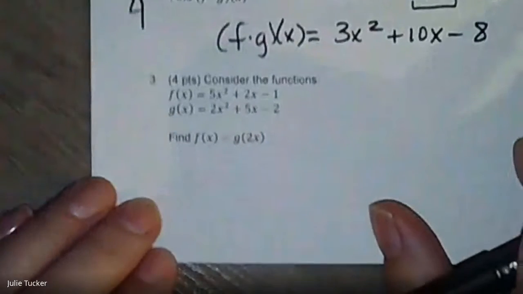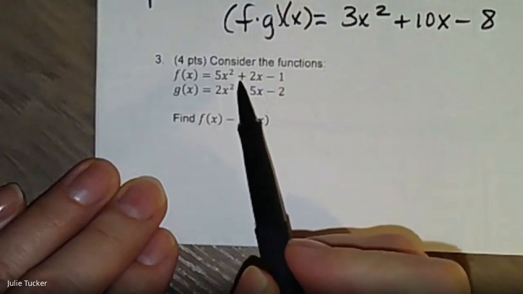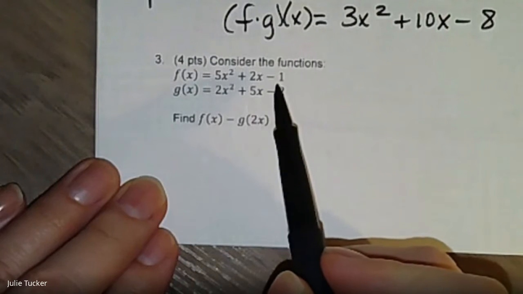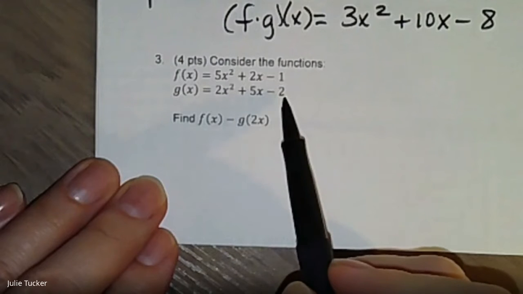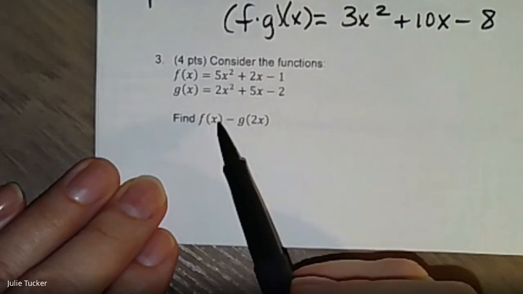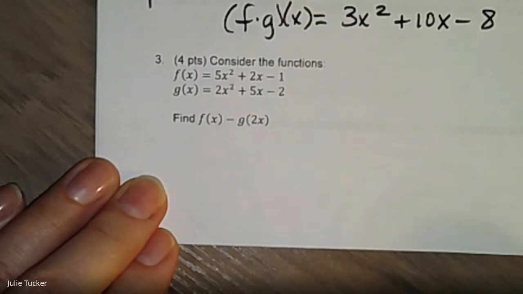Here's the next question. So it says f of x is 5x squared plus 2x minus 1. G of x is 2x squared plus 5x minus 2. Find f of x minus g of 2x.